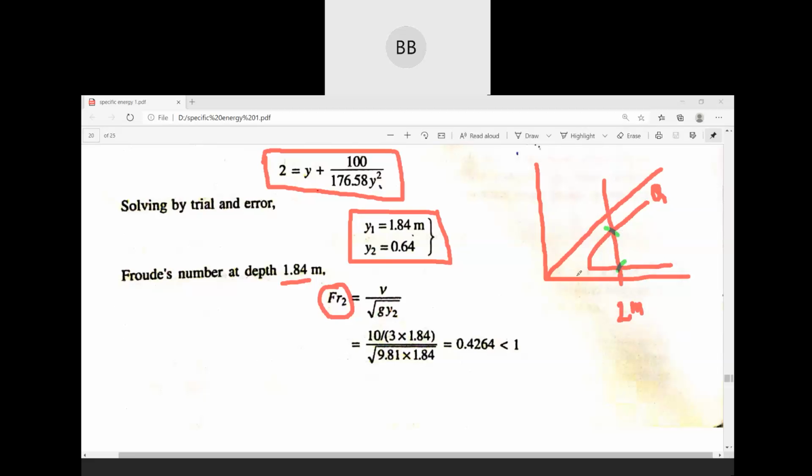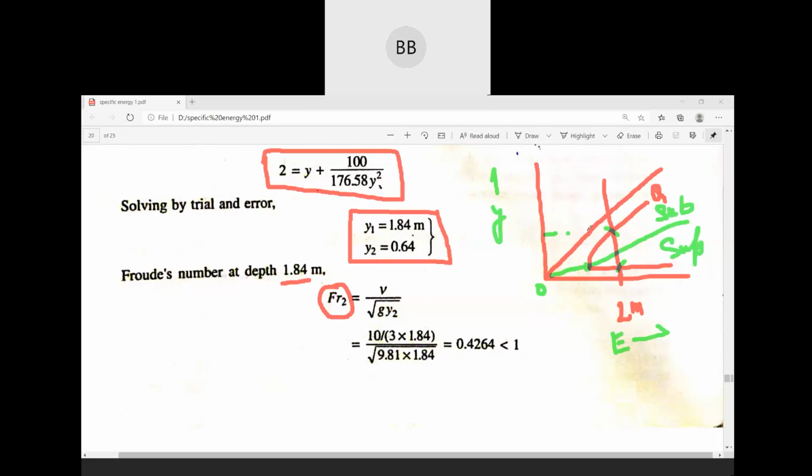This portion is your minimum specific energy. If you draw a line from the zero, this is your y value, and this is your specific energy on the x-axis. Then if you draw a straight line here, it divides the graph into two parts: one is supercritical and one is subcritical.